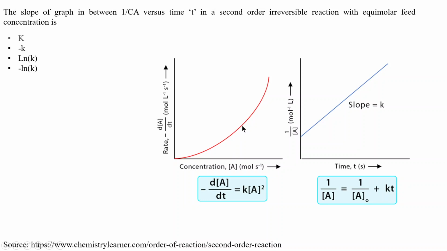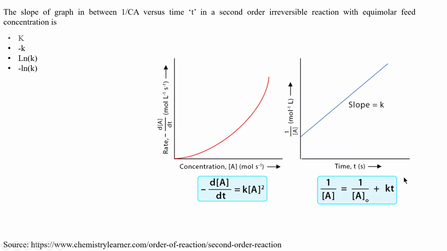So this is a negative slope, and since we have equimolar feed concentration, 1 by A is increasing. So when we plot the graph of time t versus 1 by A, the slope is k. Slope is equal to k.